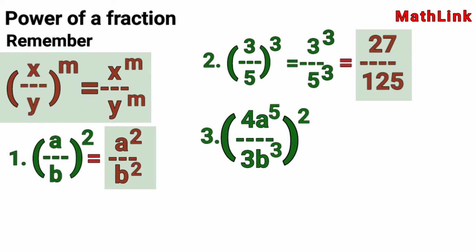Example number 3. The quantity of 4a raised to 5, over 3b raised to 3, raised to the power of 2, is equal to.